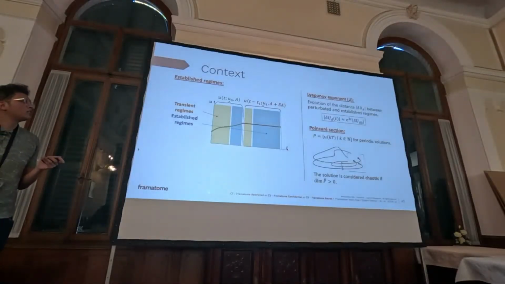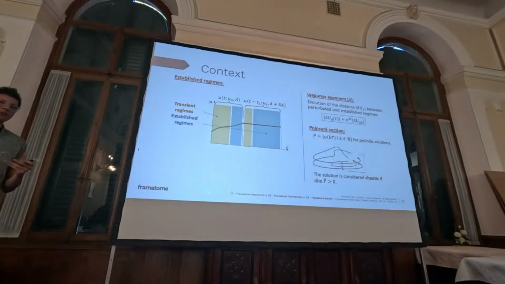As for the numerical methods, it's a heuristic method that uses transient regimes from initial conditions, and then we characterize an established regime, and from it we extract our information. That's shown in blue, and then we change our parameter incrementally.